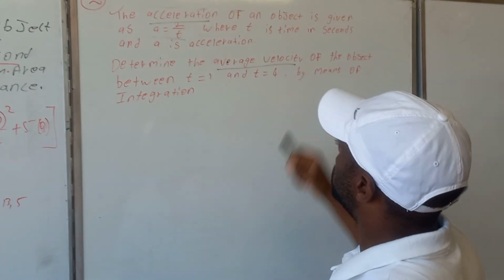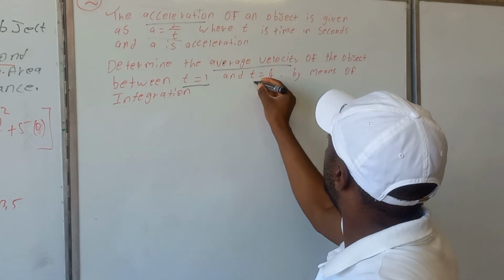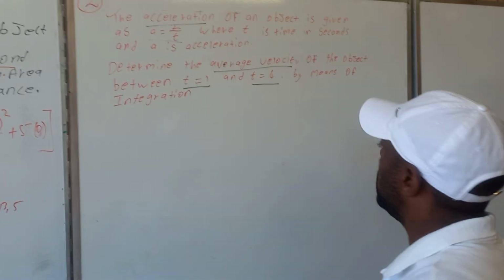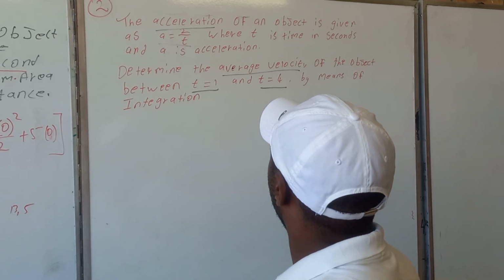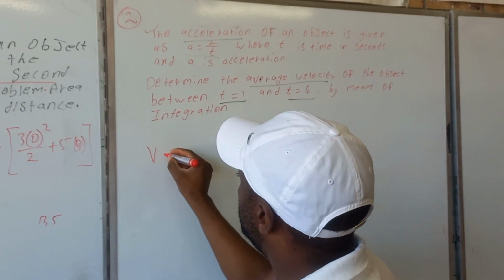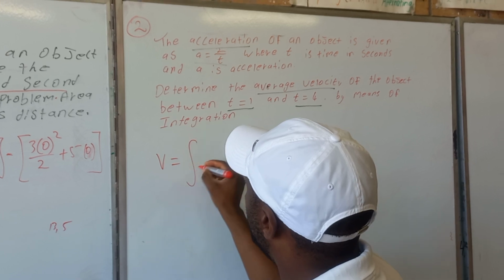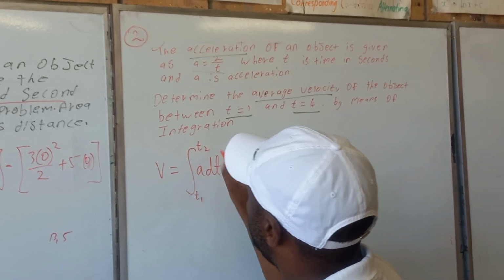Determine the average velocity of the object between t equal to 1 to t equal to 4. Again, by means of integration, it's a definite integral. Now if I'm looking for velocity, I have to integrate the acceleration from t1 to t2.